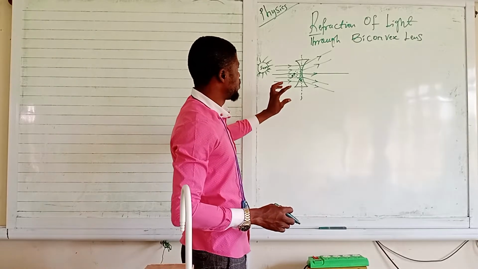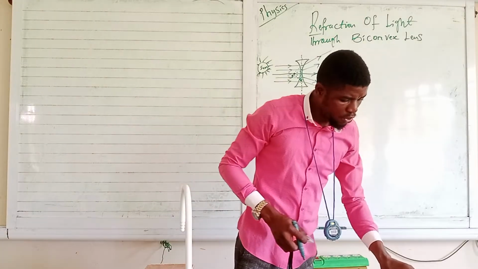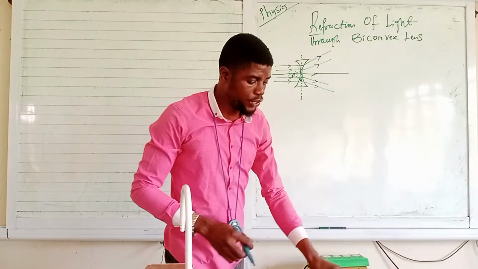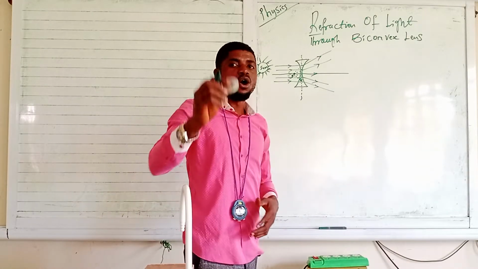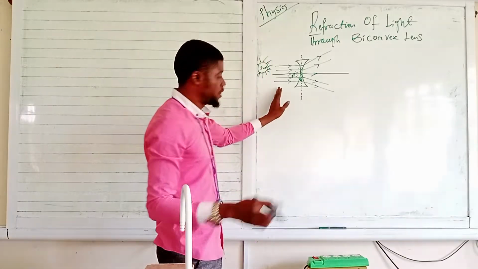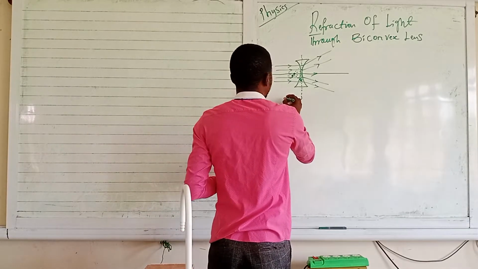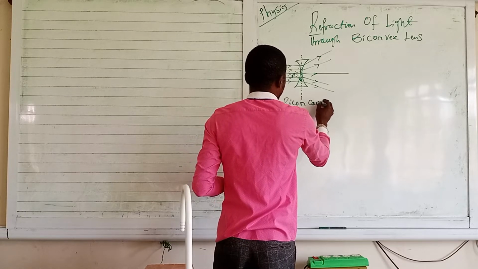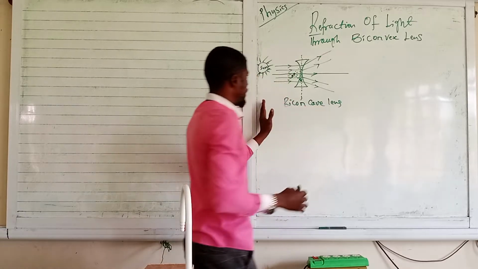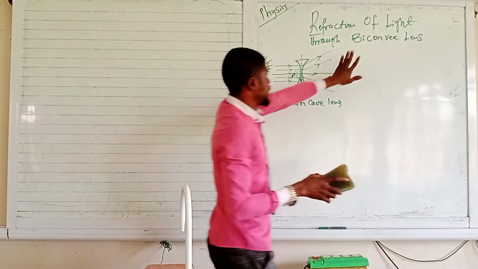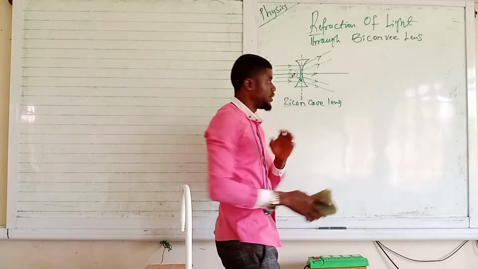However, we are not going to concentrate on this guy in this video, we are going to lay much emphasis on the biconvex lens. This is called biconcave lens. So let's look at the business of the day.